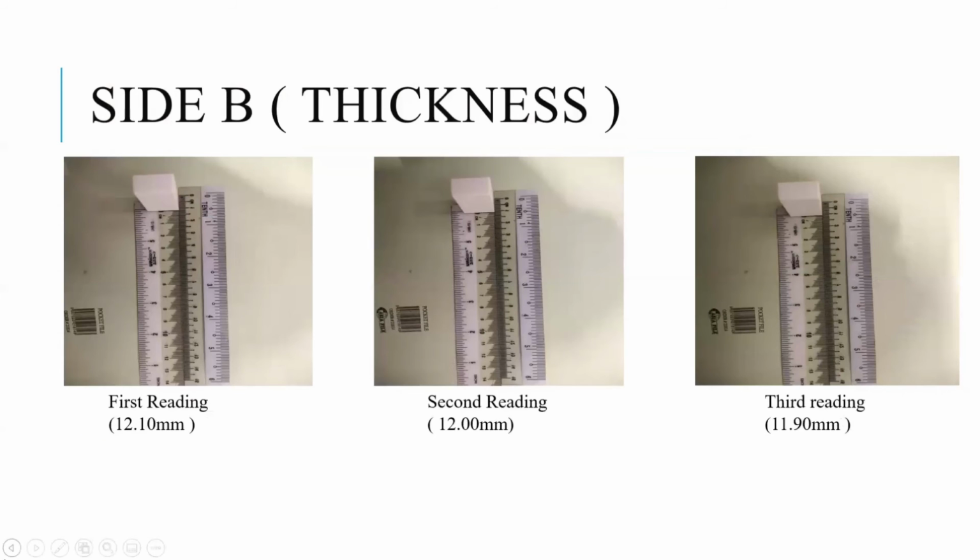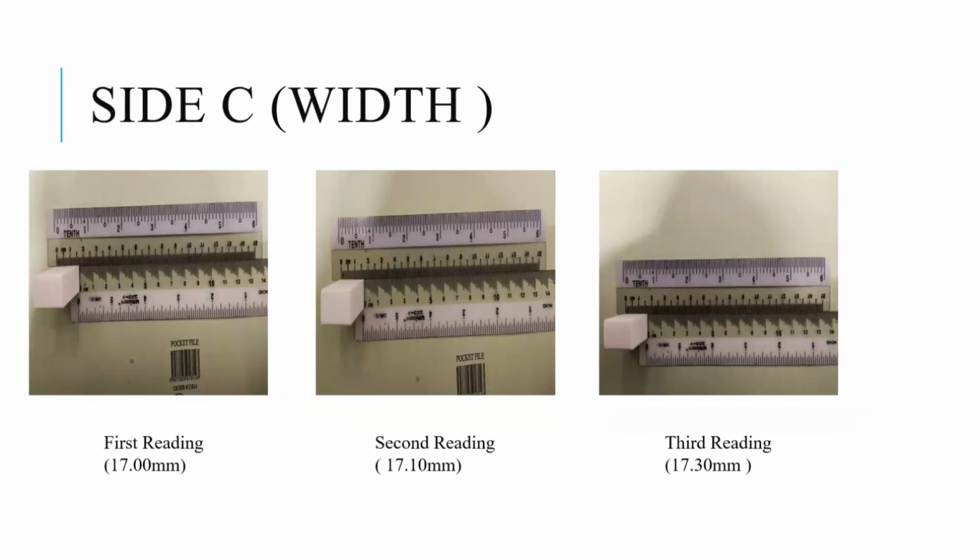For side B, thickness, the first reading is 12.10 mm, the second reading is 12 mm, and the third reading is 11.9 mm. Side C, which is the width of the rubber, first reading is 17 mm, second reading is 17.1 mm, and the third reading is 17.3 mm.